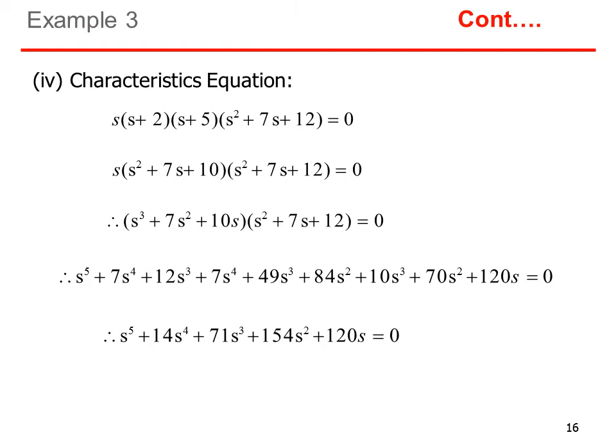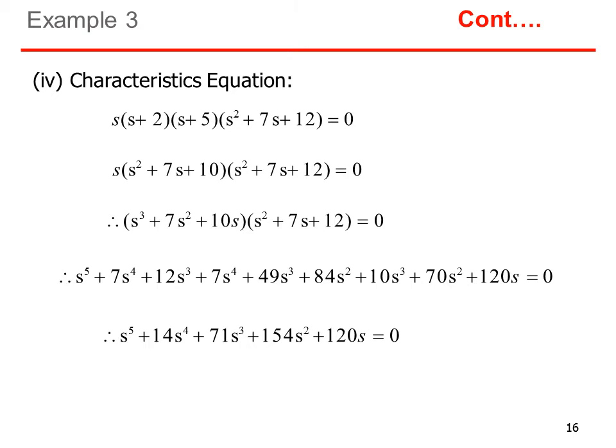Characteristic equation. It is the equation that is obtained by the denominator equated to 0. So it is s (s plus 2)(s plus 5)(s square plus 7s plus 12) is equal to 0. By expanding we get (s cube plus 7s square plus 10s) into the other bracket (s square plus 7s plus 12).